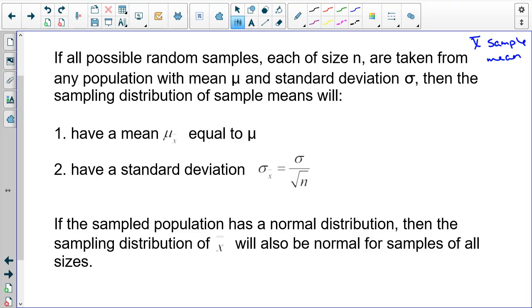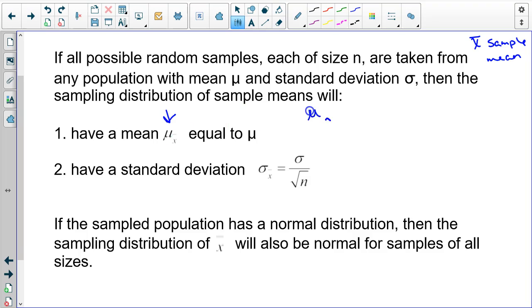Then you would take another sample of size 20, and it would also have an x bar, then another one, and another one, and another one. So if you find the average, which is mu, mean, of the x bars, then it's going to equal the mean of the population. So that's mu sub x bar.